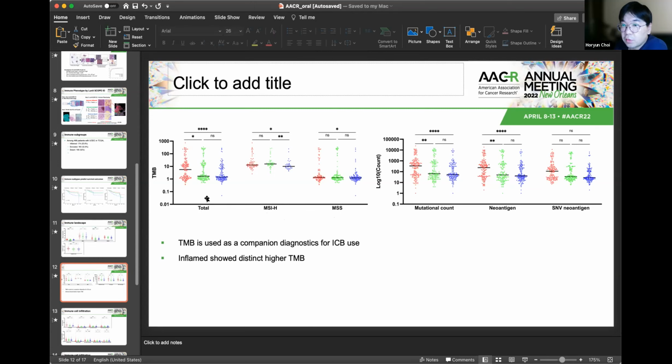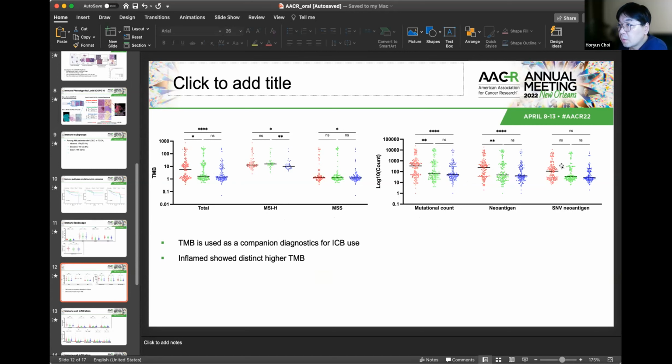TMB is known as a companion diagnostic for immune checkpoint inhibitor in endometrial cancer. And then I did some analysis about mutational count and neoantigen, and especially SNV neoantigen as well.